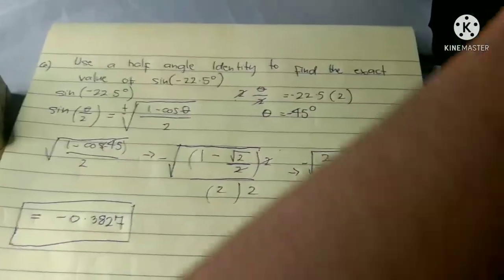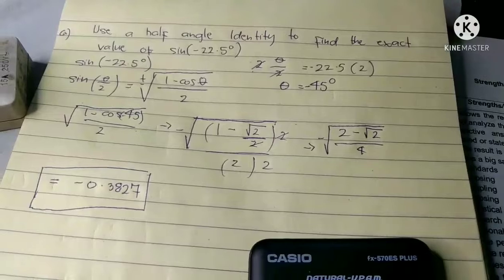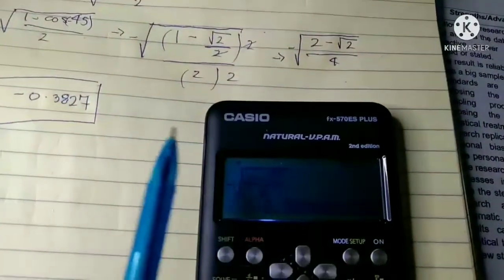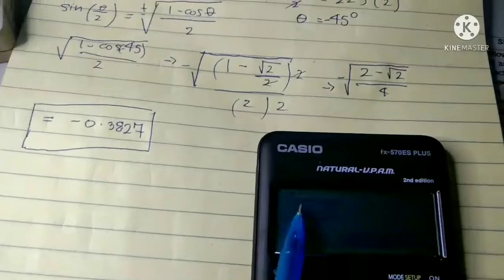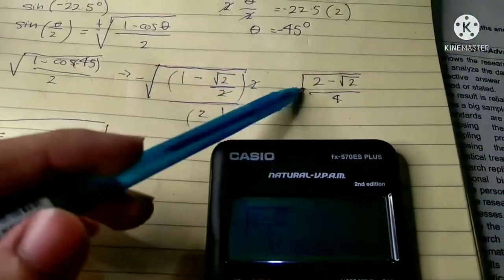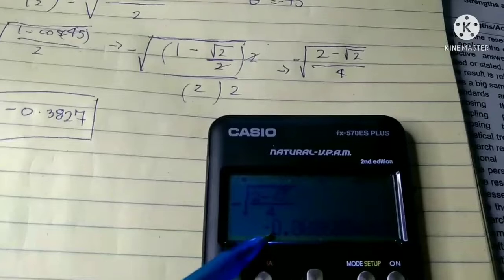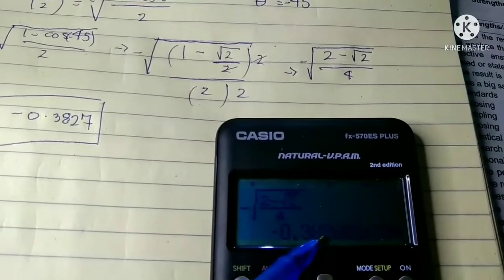Then if we use our calculator, we will get the exact value of sine negative 22.5. As you can see, I just plug this in the calculator, and the answer is negative 0.38268.